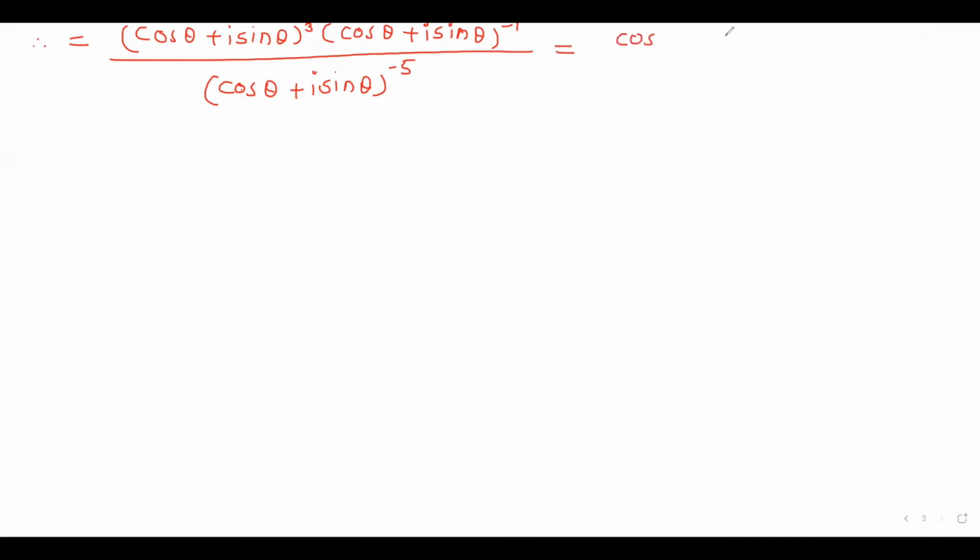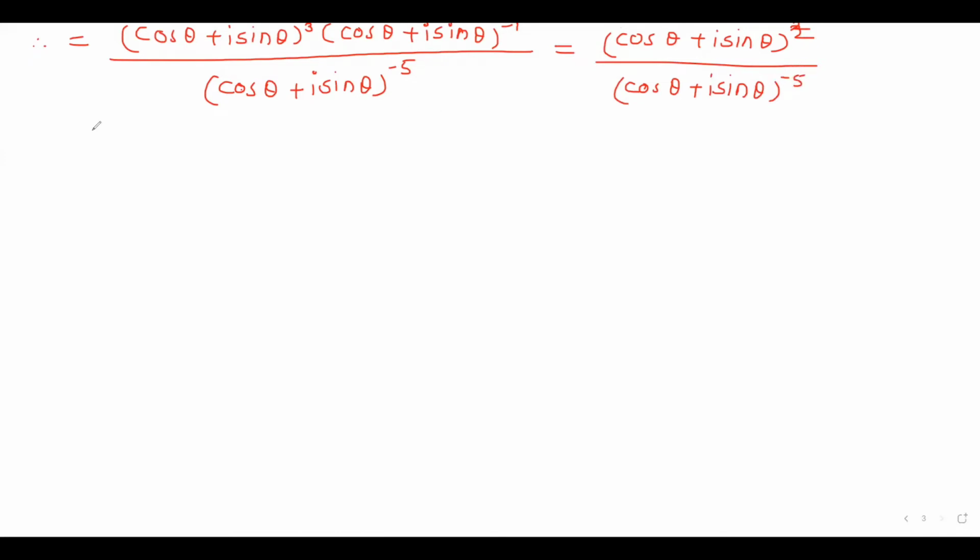So in the numerator it becomes (cos theta plus i into sine of theta) raised to 2, divided by, in the denominator, (cos theta plus i sin theta) raised to minus 5. If you shift this term to the numerator it will become raised to plus 5.